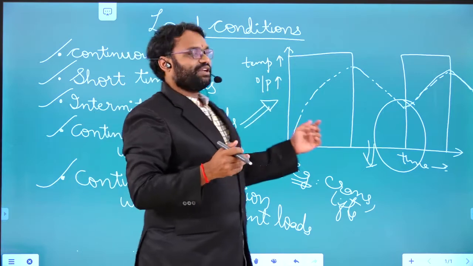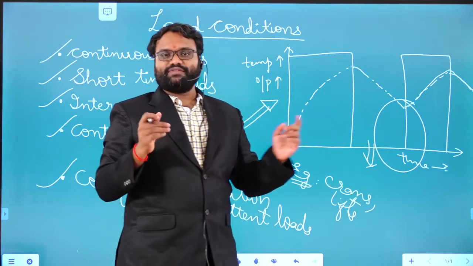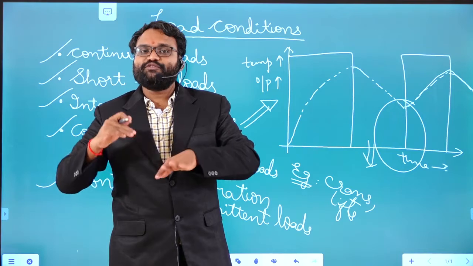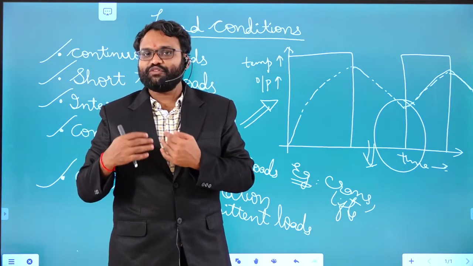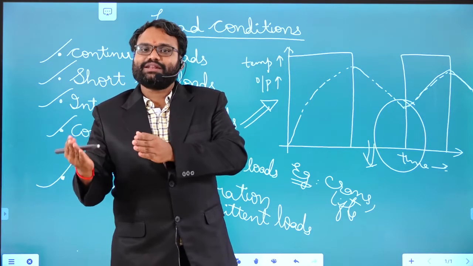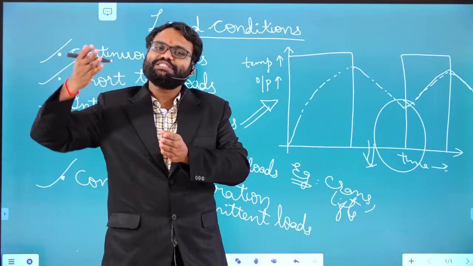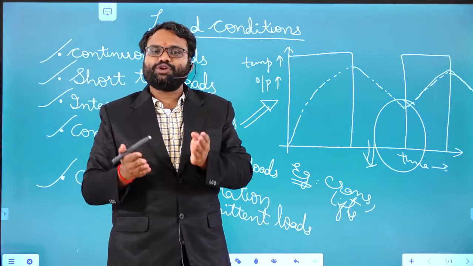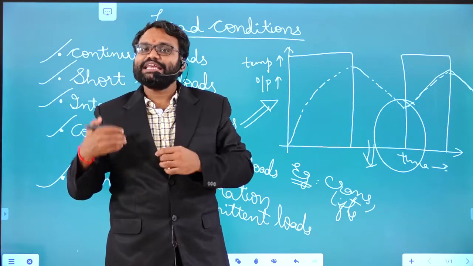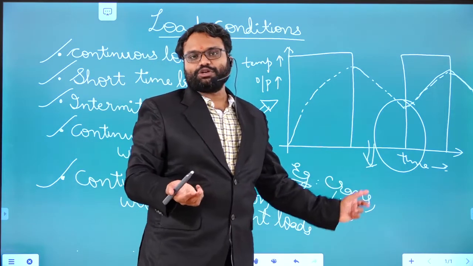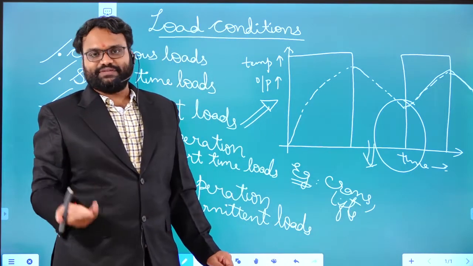But in the case of intermediate loads, we are not giving the motor sufficient time to dissipate. Before it dissipates the total amount of heat, in the next interval we are switching on again, means applying some load. That means the temperature will start rising again before the heat is dissipated. And these kinds of intermediate loads we can see in cranes and lifts, right?